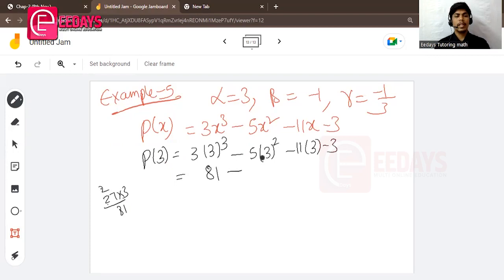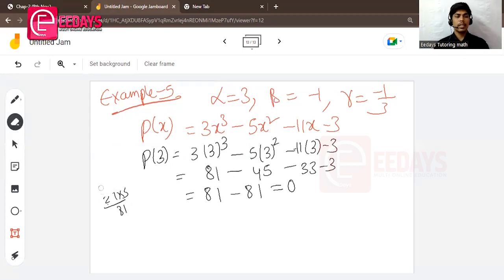All right, 81 minus 5 into 3 square. 5 nines are 45. 11 threes are 33, minus 3. Okay, 81 minus 45 minus 33. So you will get 78, then 78 minus 3, so finally we got 0 here.